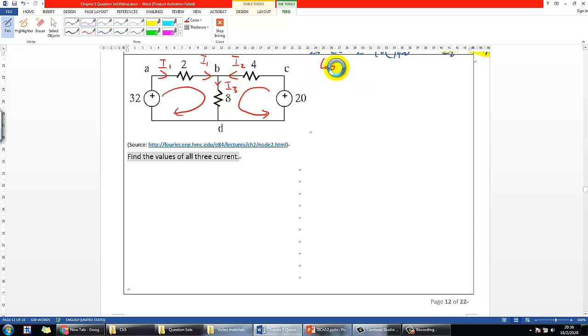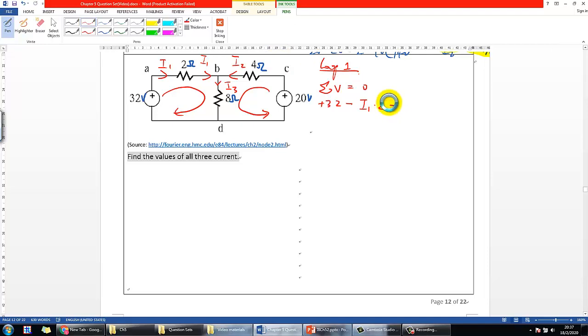So for loop 1, we would have again the summation of V, I'll still write it down, and then we have positive 32 V, this one, the battery, and then minus I1 times 2, sorry that the symbol is missing, should be 2 ohm here, 4 ohm here, and then 20 V and 32 V and 8 ohm like this.